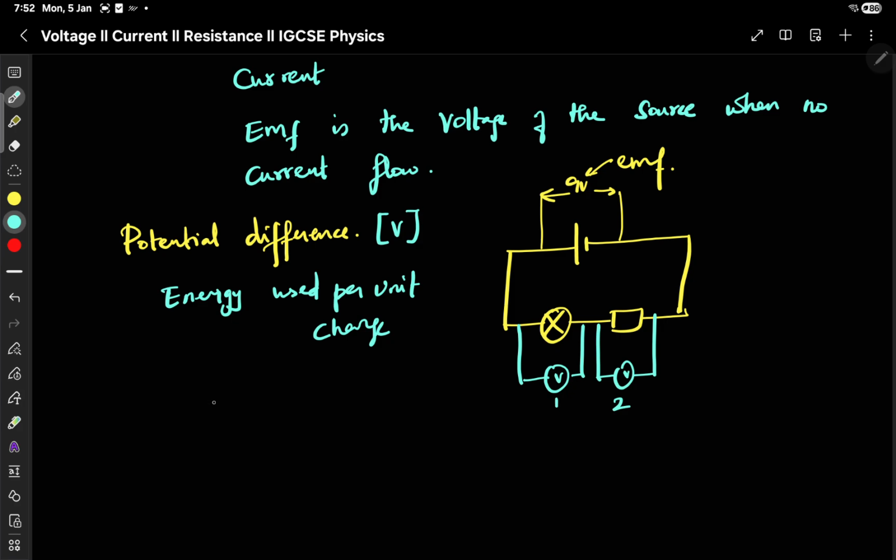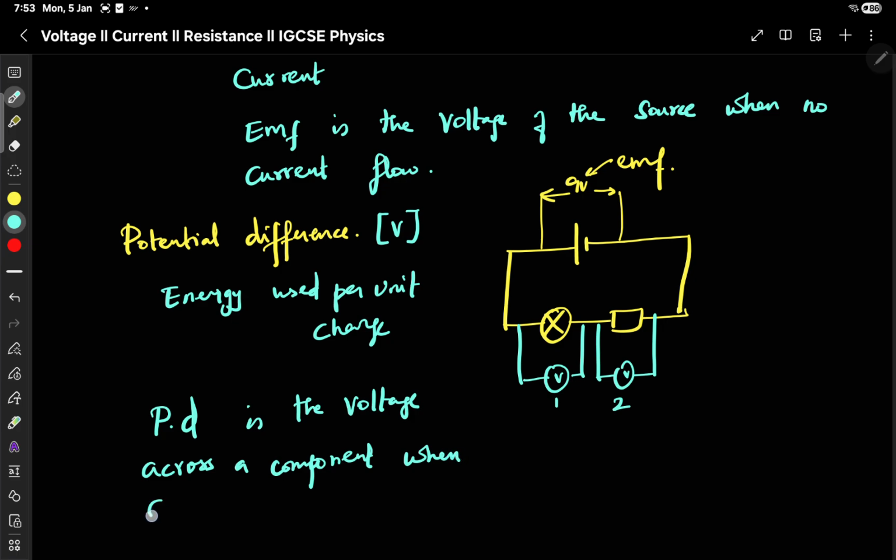Here it is energy used per unit charge, or if a current passes through a component, a bulb or a resistor, how much energy is used. So we can say that potential difference, or PD, is the voltage across a component when current flows.